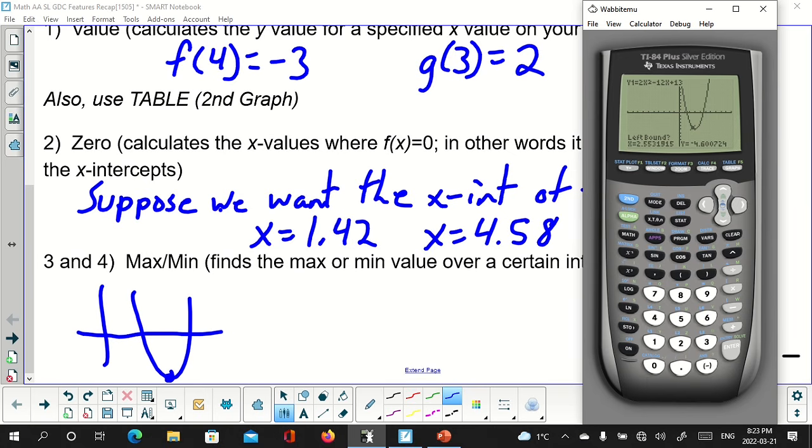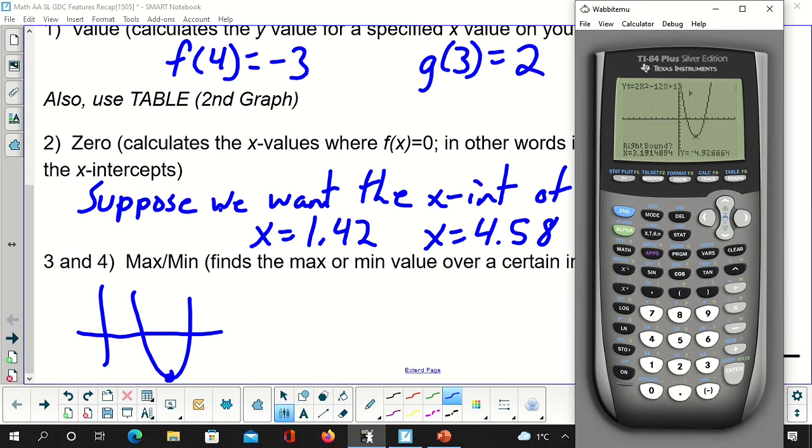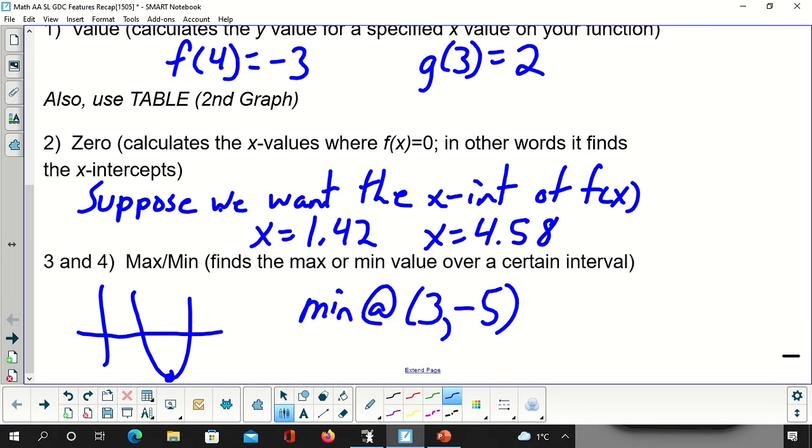And I go a little bit to the left of the minimum, and then I go a little bit to the right of the minimum. And I'm hitting enter after each one of these. And then I go and guess where I think the minimum is and hit enter one last time. And it's going to tell me that the minimum occurs at 3, negative 5. The actual minimum value is the y value, the negative 5, and it occurs at an x value of 3.